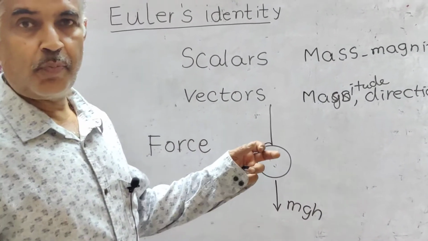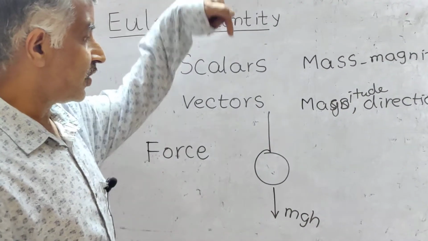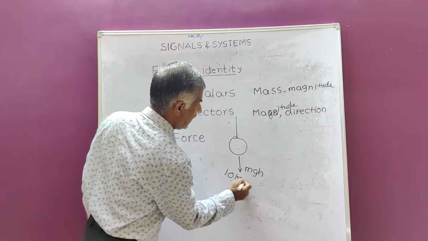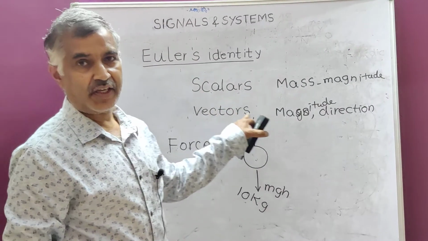So this is a kind of force. It acts downwards. For example, say 10 kg of force is acting downwards. It is nothing but a vector.